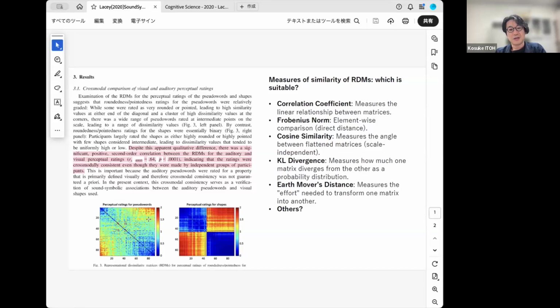And I have one hypothesis regarding the binariness of the RDM for the visual shapes. I think it might be because the words roundedness and pointedness are originally for describing visual properties.